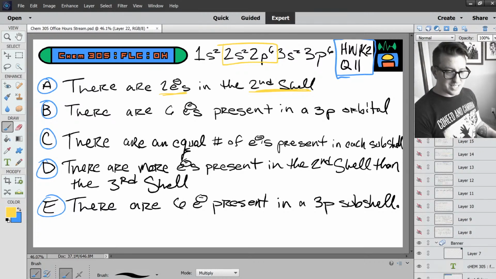This is clearly incorrect because there are 8 electrons on the second shell.